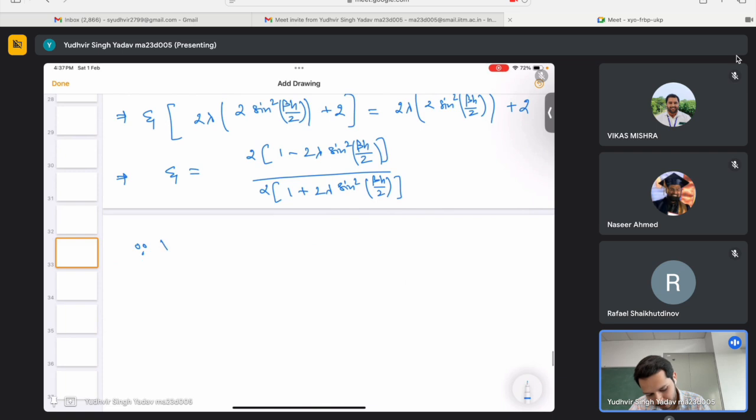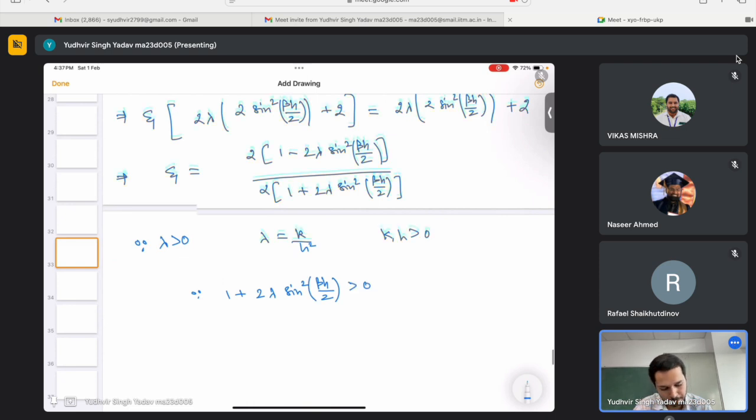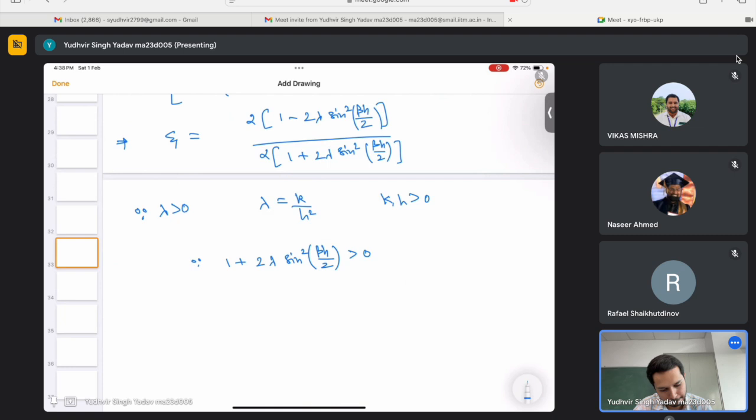Since λ is greater than 0, as λ is nothing but k by h², and the step sizes k and h are always greater than 0, one can simply note that the denominator, 1 + 2λ sin²(βh/2), is always greater than 0.